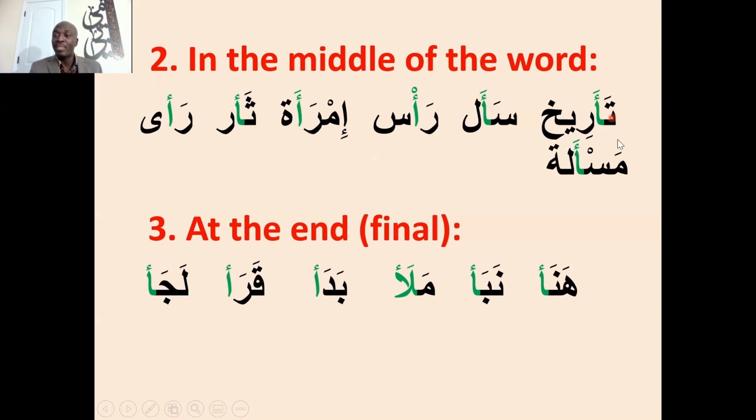So see, the letter ta has the short vowel fatha, and the hamza has the fatha. So that's why the fatha brings you the alif to be a seat for the hamza. That's how we determine the seat for the hamza is alif, because of the fatha.